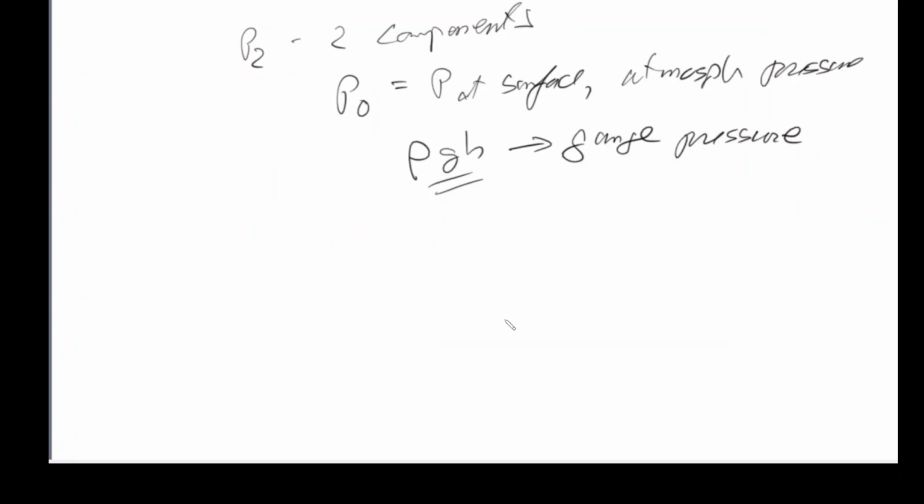Now we talked about pressure going down in water or another fluid, but there's also a change in pressure if you climb up a mountain, a change in air pressure.